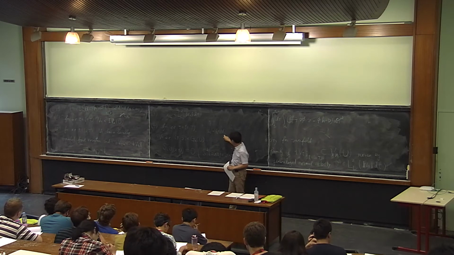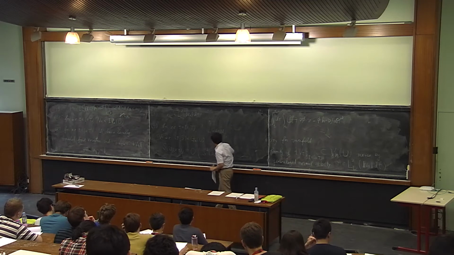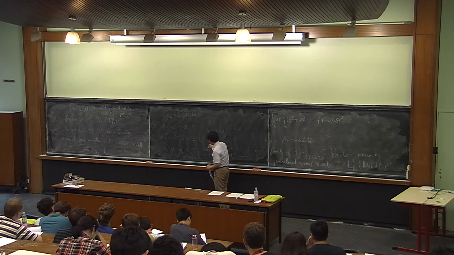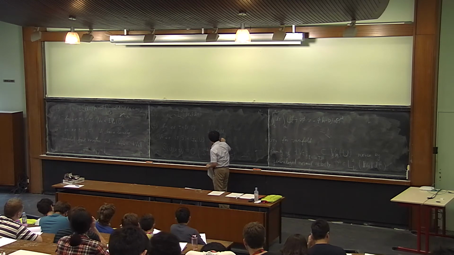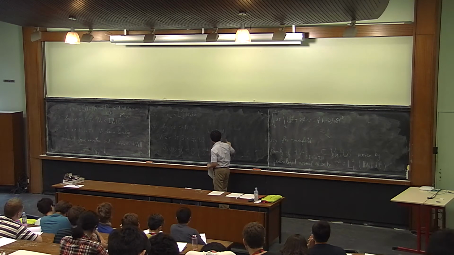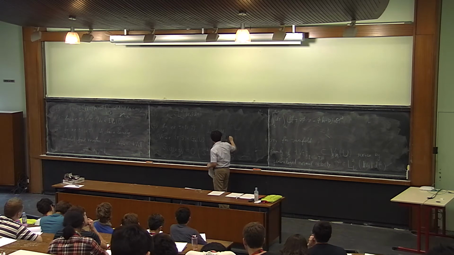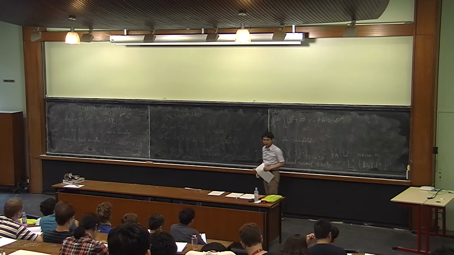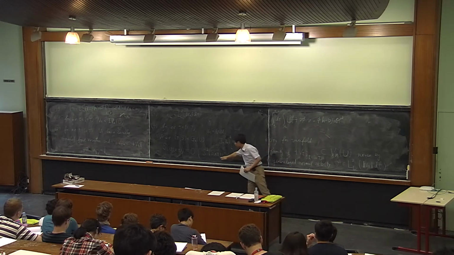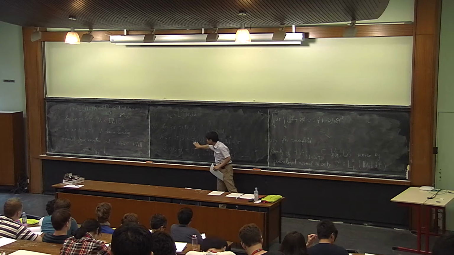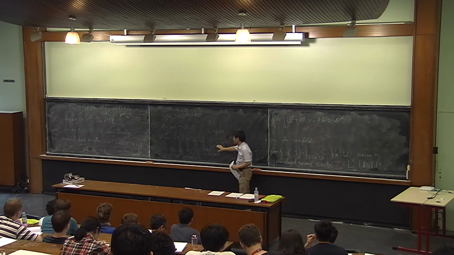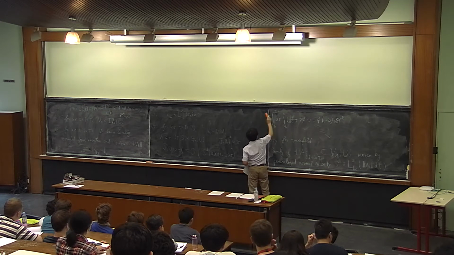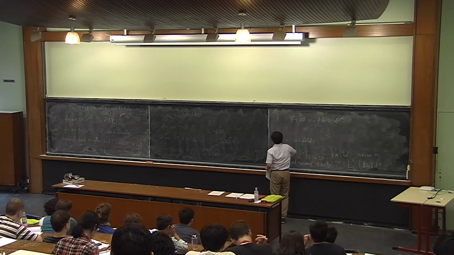Then this is saying that almost everywhere v is in the normal to the tangent space of Mt. That's all this is saying. So the number four is really specifying that v has to be in the normal space.